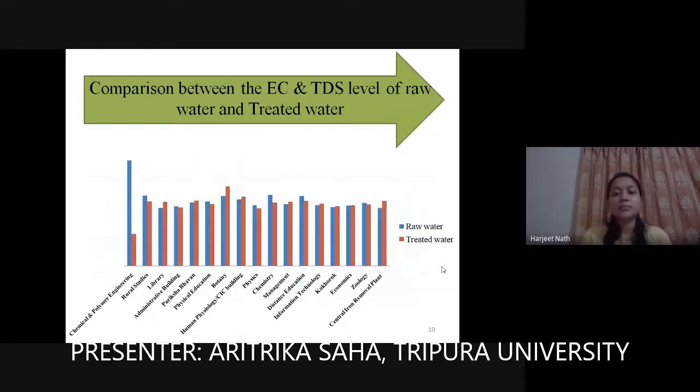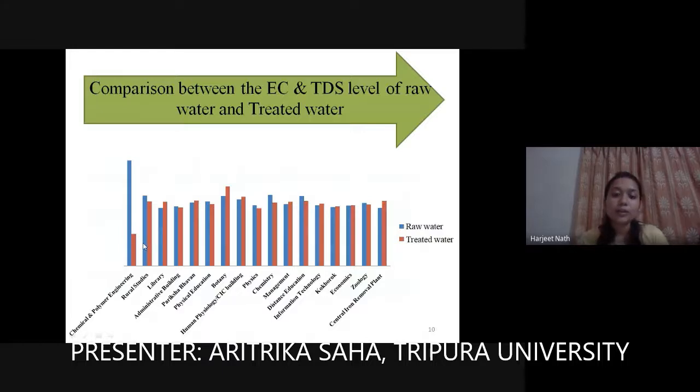These are the comparison between the electrical conductivity and TDS level of raw water and treated water. On the x-axis you can see all the departments of Tripura University, and the blue bar represents the raw water and the red one the treated water. For the Chemical and Polymer Engineering Department, the electrical conductivity and TDS level of raw water is high, but after filtration it is reduced.